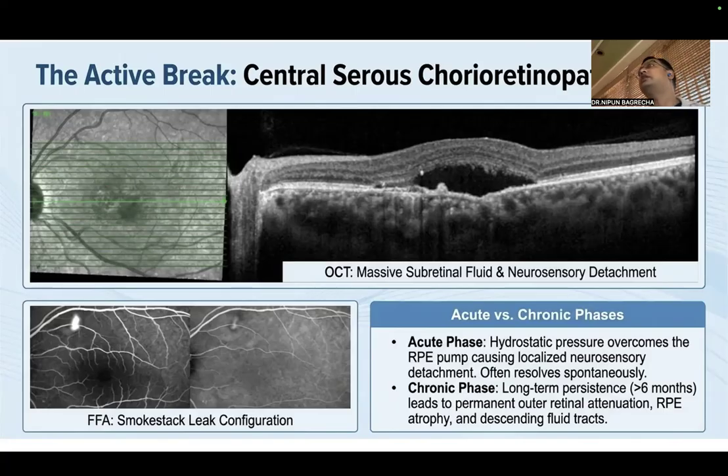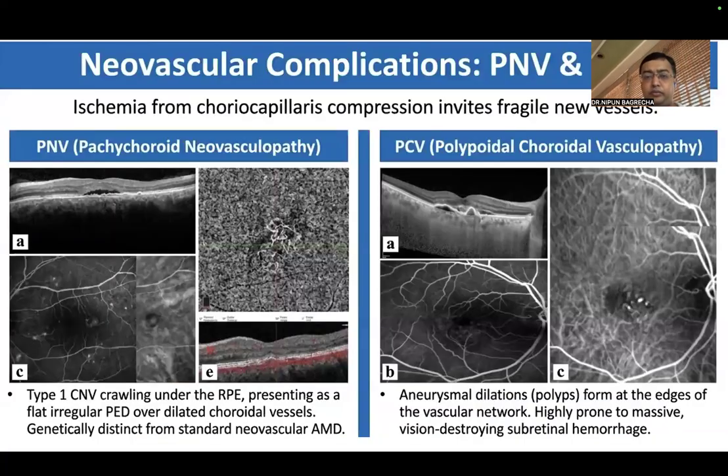The first is the ink blot leak, like pressing a fountain pen on blotting paper and it blots. Then there is the smokestack appearance, like smoke coming out of a chimney, and a diffuse leak pattern. When the leak is extrafoveal, we can do a focal laser to that leak, but when the leak is foveal, we can just observe.